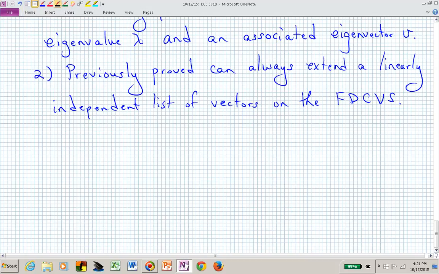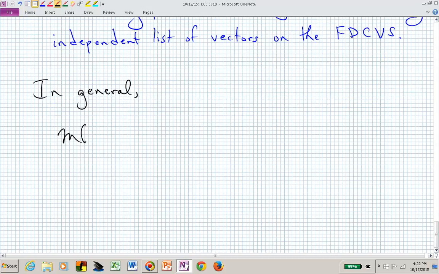Now, let's just think about what we have. Suppose that I just said, in general, what do we know about a matrix representation of a linear operator? We could write that as some linear combination of the basis vectors that we're using for that linear map.